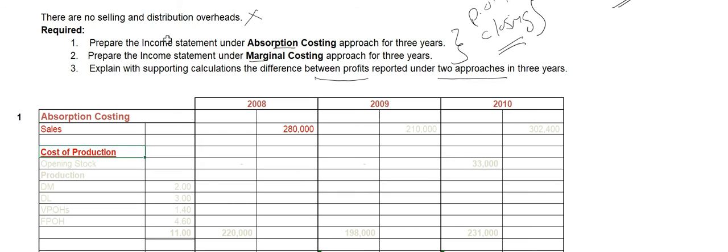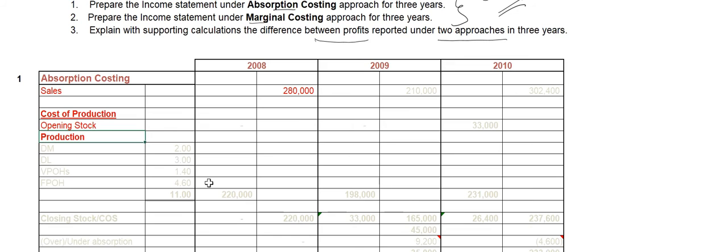So cost of production or cost of goods sold, how do you calculate cost of goods sold? It is the opening stock plus the production less the closing stock. Thereby you can arrive at your cost of goods sold, cost of sales.